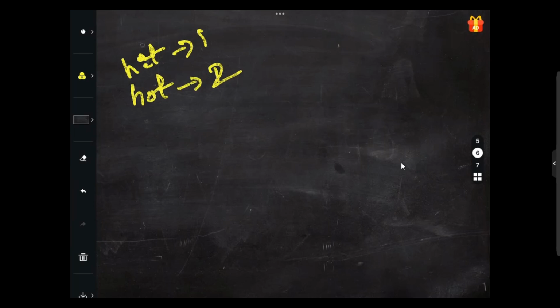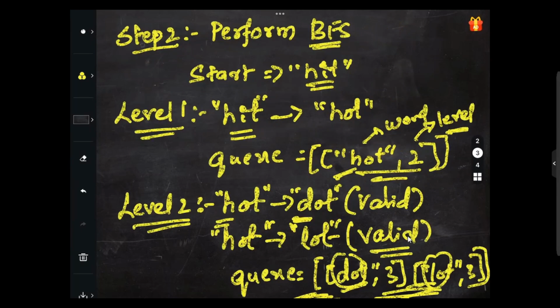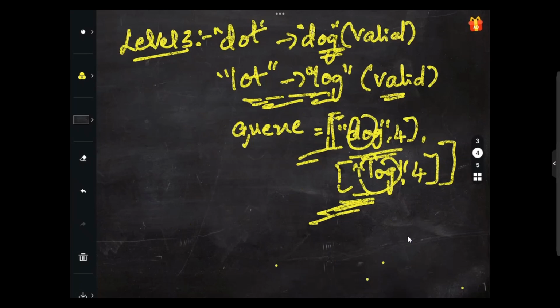So similarly, we'll go level by level, right? So the third level, let's move on with level 3 here very quickly. So level 3 right here. You can clearly see we have dog and log.